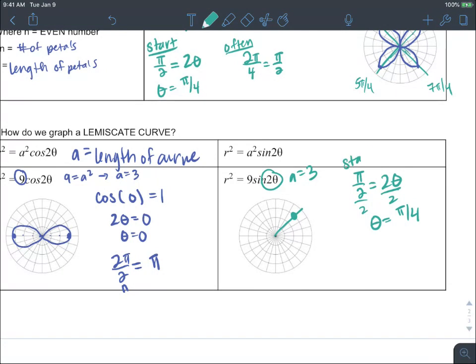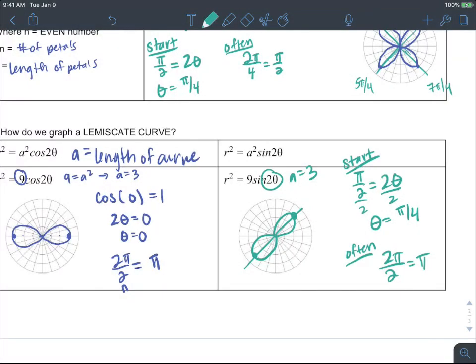And then how often? We're going to take our 2 pi and divide it by the n, which is 2. So at every pi. So just directly across, I'm going to have another petal here. Okay. And that is a lemniscate.